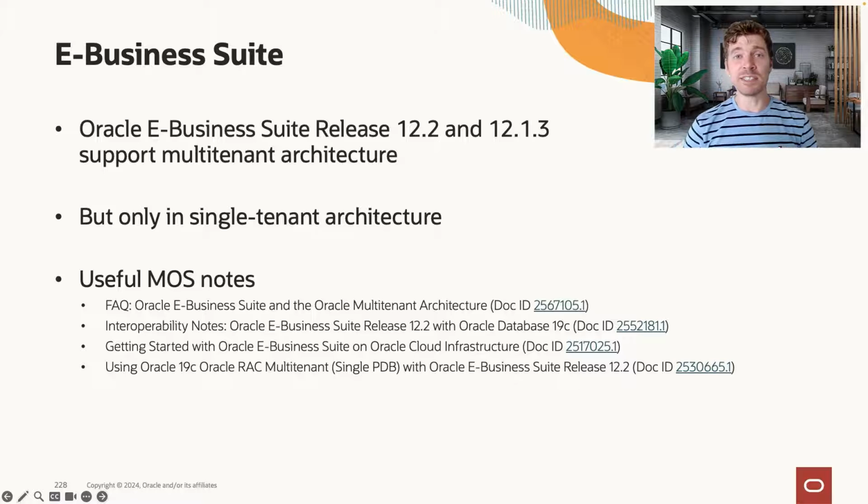And in EBS, you need to go to the single tenant architecture, which means on that CDB, you can have only one PDB, which is the PDB that you're gonna be running the EBS database, okay? And as anything else in EBS, we always recommend you to follow the documentation notes specifically for EBS. So here we have a list of some important notes if you want to use the single tenant architecture option for your EBS system.